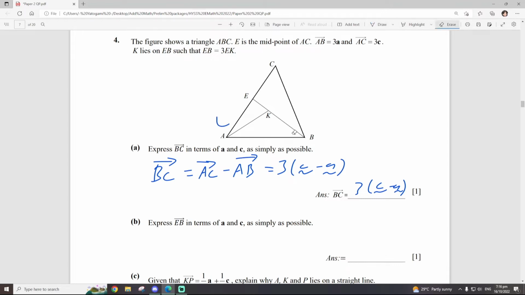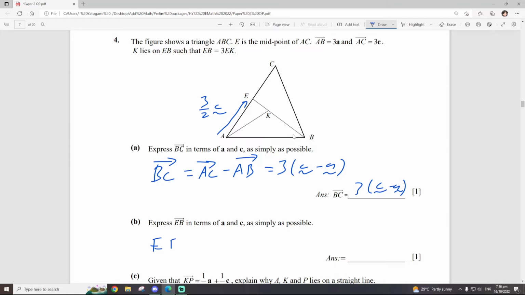So if I draw the vector AE here, this is 3/2 C. So EB is actually AB minus AE, right?